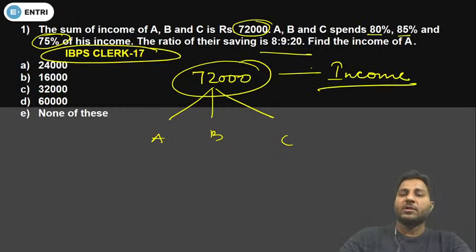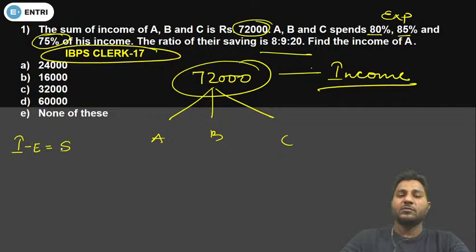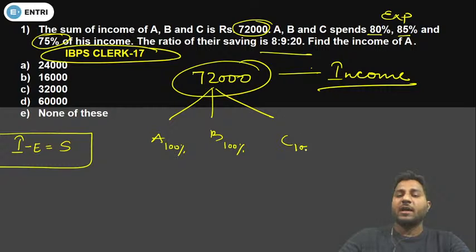Let's put some more data into it. A, B, C spend means these are the expenditure, and you know very well that income minus expenditure is equal to saving, and every person's income will be 100%. So when the income is 100% on its own, when we spend 80%, we are left with only 20% of saving.